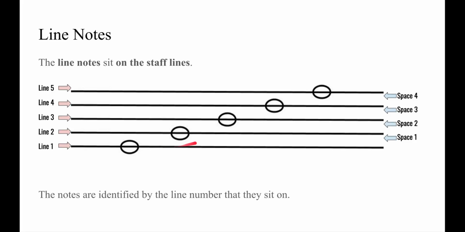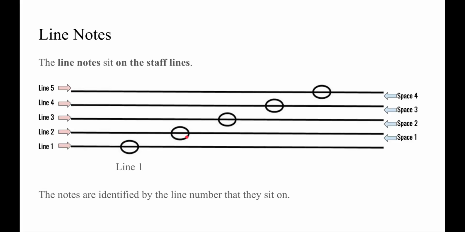Now, even though these are all line notes, each one is different, and the way you identify them is by the line number that they sit on. So for example, this very first note here sits on line 1. So you would call the location of this note line 1.